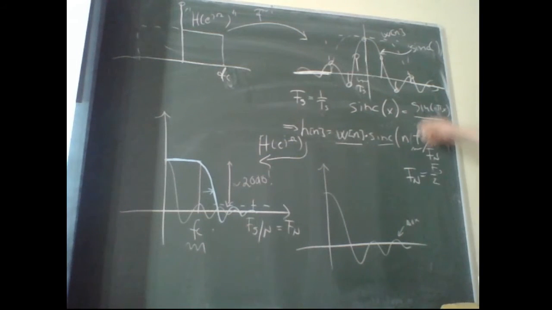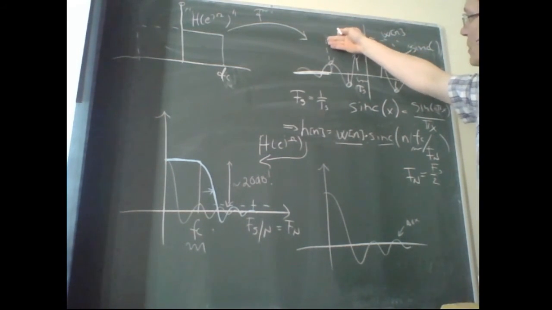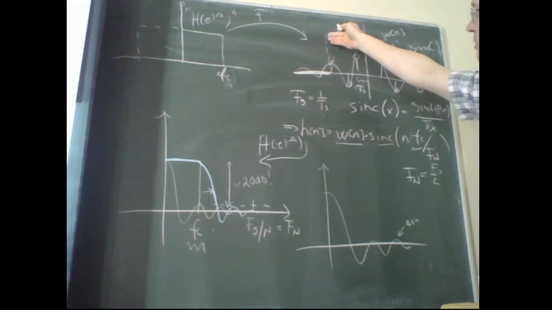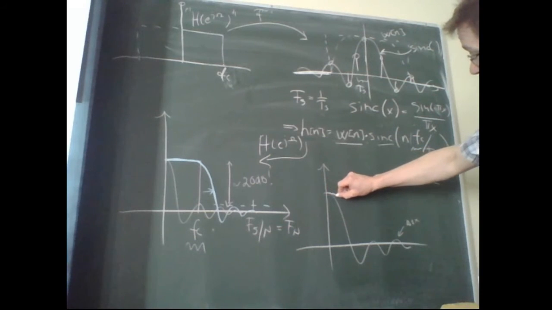Since on the box, in order to produce a very sharp corner here, you must have infinitely high frequencies with still quite high weight. So a smoother window would do something like that.